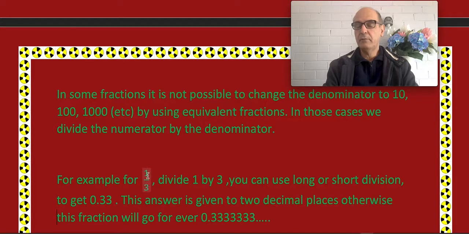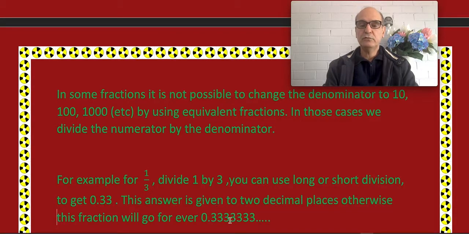So divide 1 by 3. How you divide it is up to you. You can do it by long division or by short division. So 1 divided by 3. If you divide 1 by 3, you are going to get 0.333, which goes on forever.